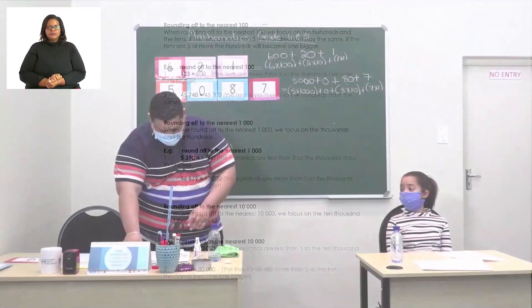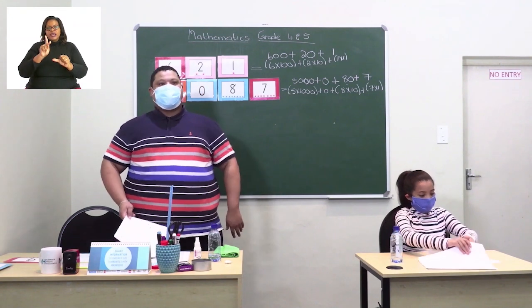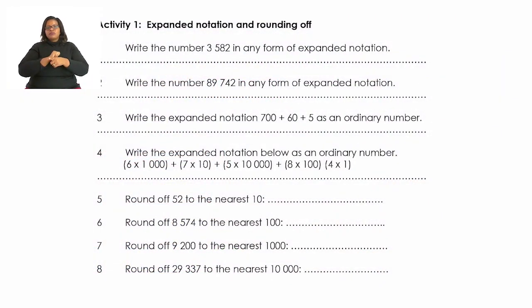Now, boys and girls, if we turn to page 25 of our book, we will see there's a really nice activity for you to do. The activity is based on expanded notation and rounding off. Number 1, write the number 3,582 in any form of expanded notation. Remember, we did 2 forms. Number 2, write the number 89,742 in any form of expanded notation.